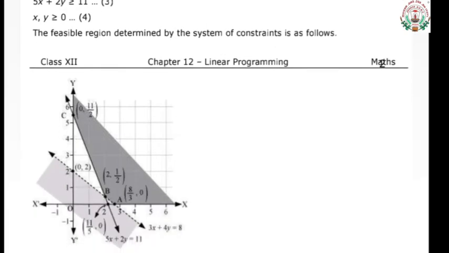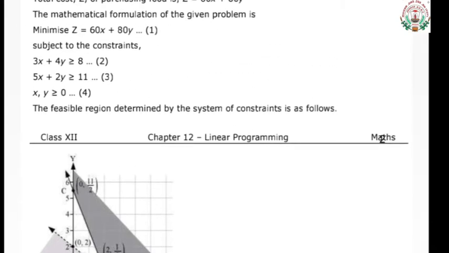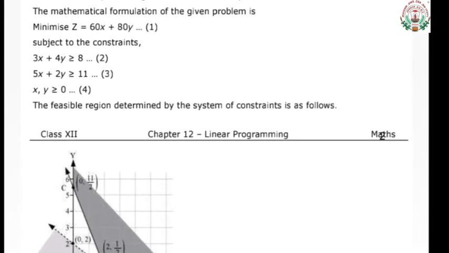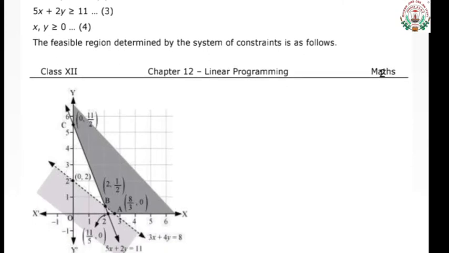It means we have to shade excluding the origin, as we did in class 11th. In the same way the second inequation is also false, 0 + 0 greater than or equal to 11, so the shading will be done on the other side of the origin.